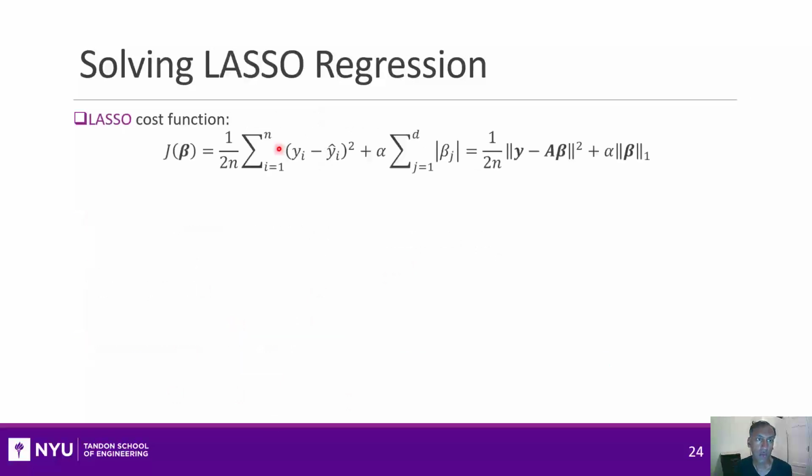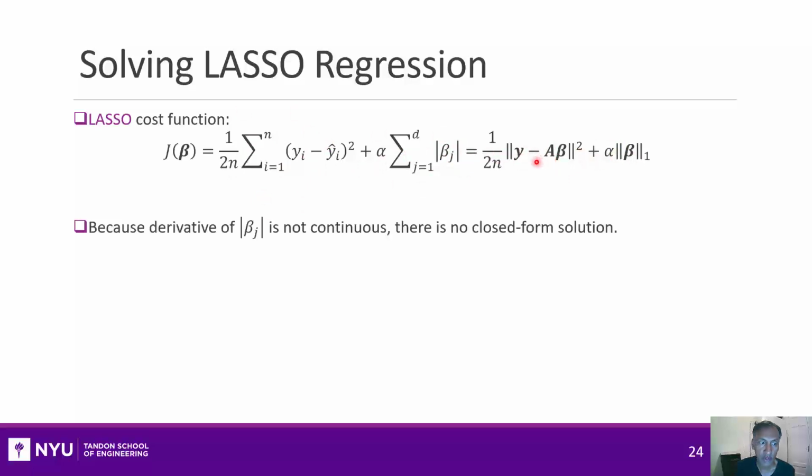All right, now let's turn to how we would solve the minimization for the lasso regression problem. If you recall, in the lasso regression problem, we're trying to minimize the mean squared error plus this L1 norm term, which you can write in vector form like this.